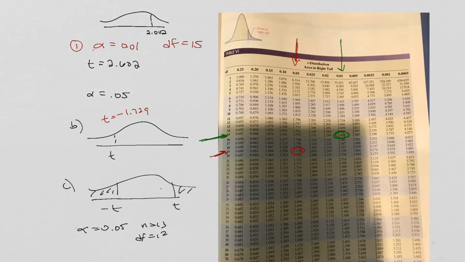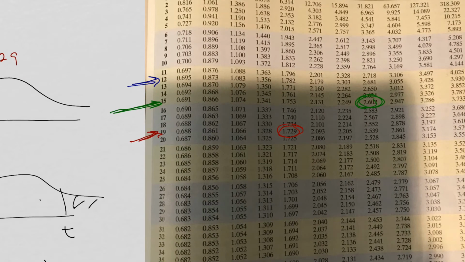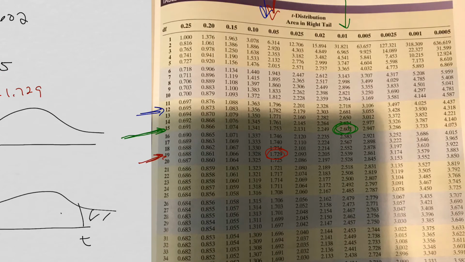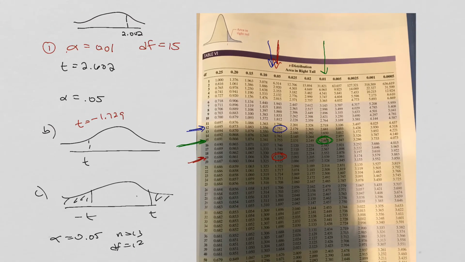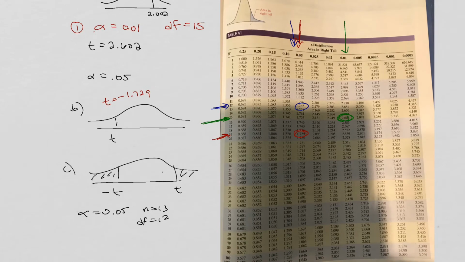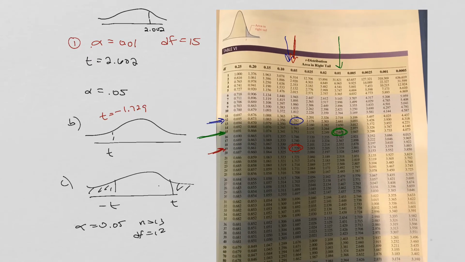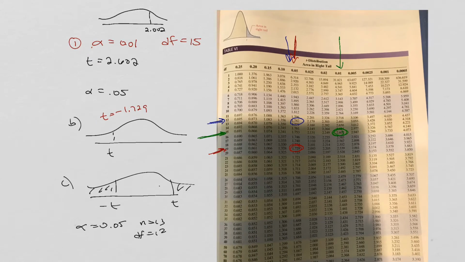So again, if we blow this up, it looks like I get 1.782. So that's this t-score, 1.782. So this t-score would be a negative 1.782.